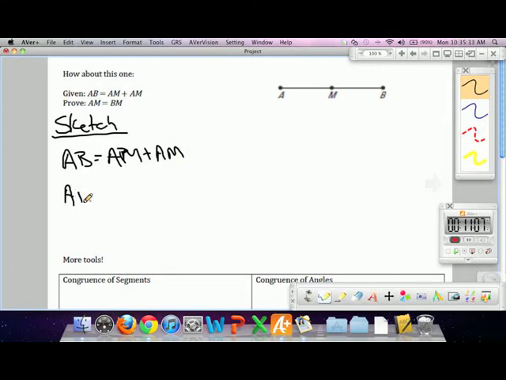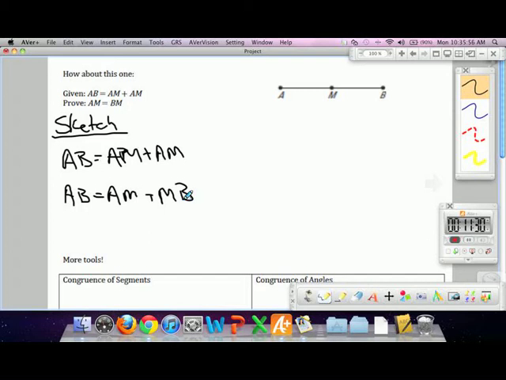Why should that be true? What says that this whole segment is equal to this part plus that part? No, let's focus here. Think about this. Why are you allowed to write this thing? No, not yet.